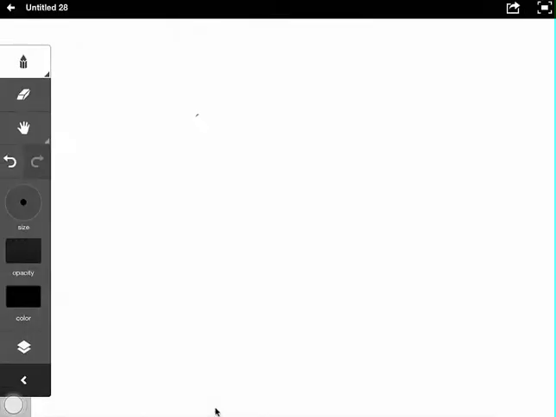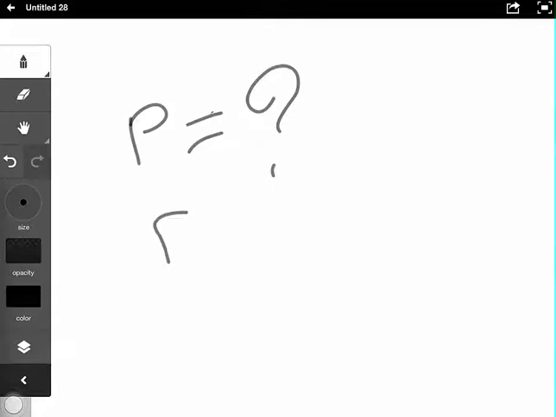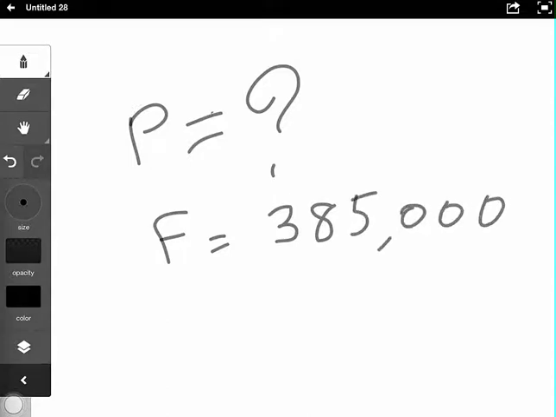we have P, which is what we need to find, the present value, and it's given the future value, which is equal to 385,000 US dollars.